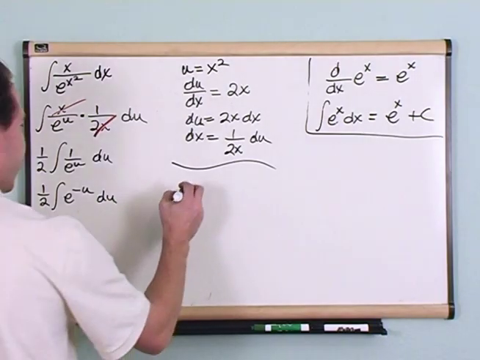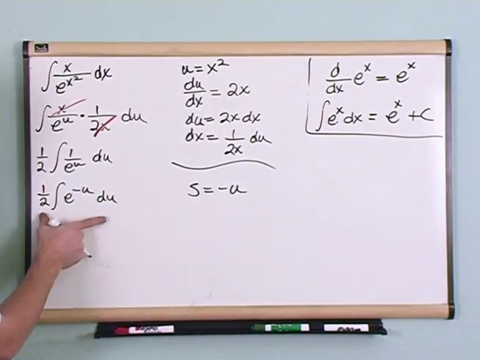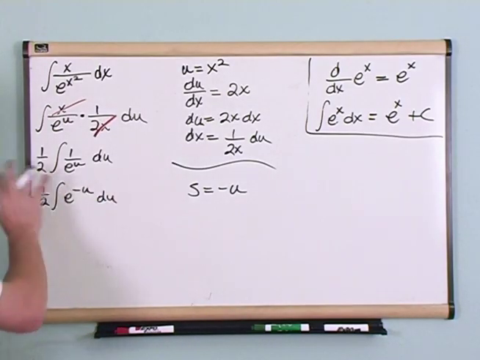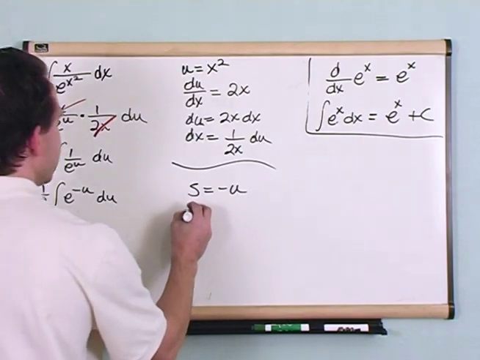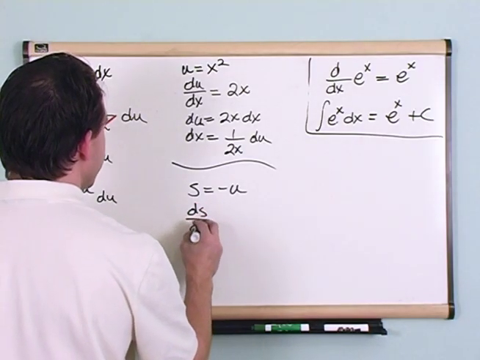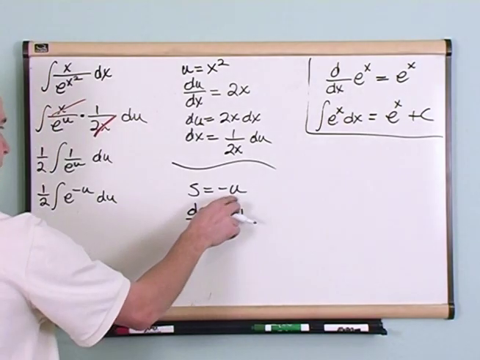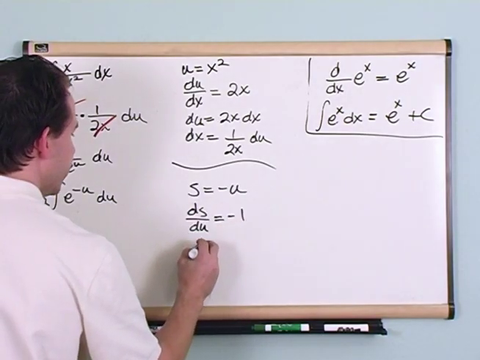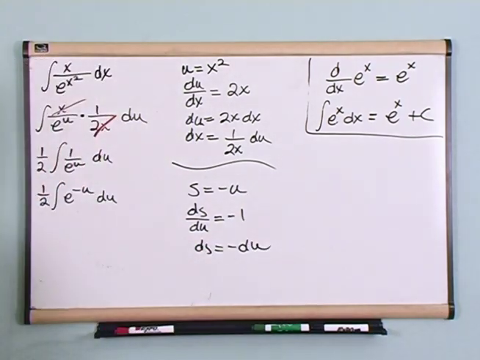So I'm going to use the variable s. s is equal to negative u. I'm just doing another substitution as if this were the original problem. So to start over, you've gotten to this point, figure out what this is. ds/du, the derivative of s with respect to u, is just negative 1. So then ds is equal to negative du. Okay?